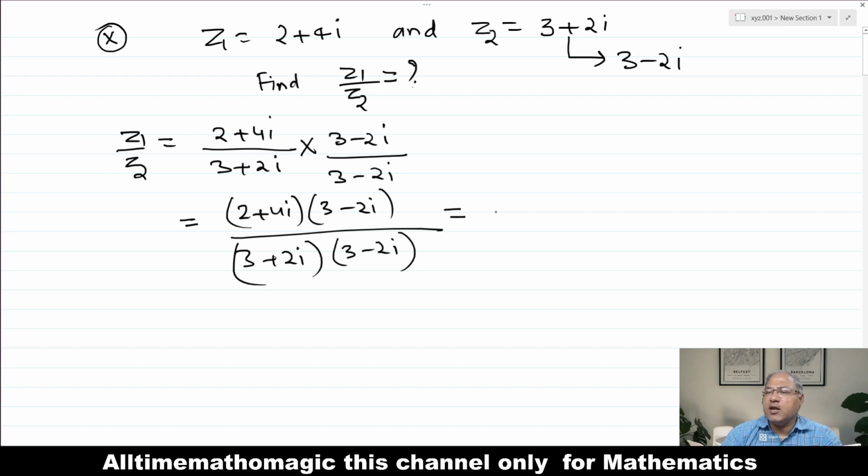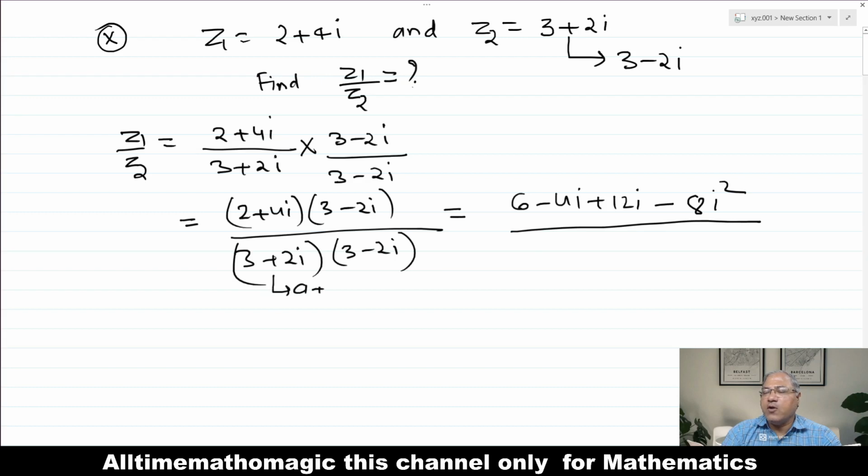Now we need to multiply both numerator and denominator. In the numerator there are two brackets, and in the denominator also there are two brackets. We multiply them as usual. So 2 threes are 6, minus 4i, plus 12i, minus 8i square, divided by, here we need to apply the formula (a plus b) into (a minus b) equals a square minus b square.